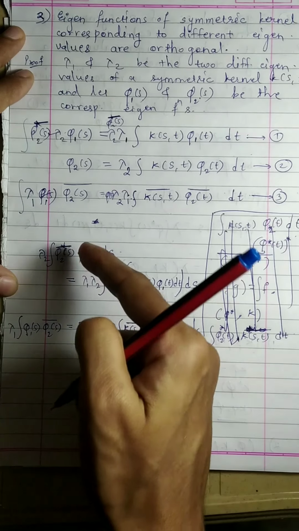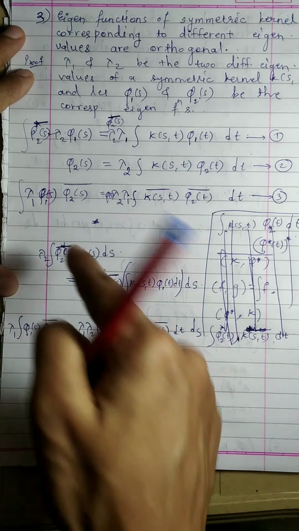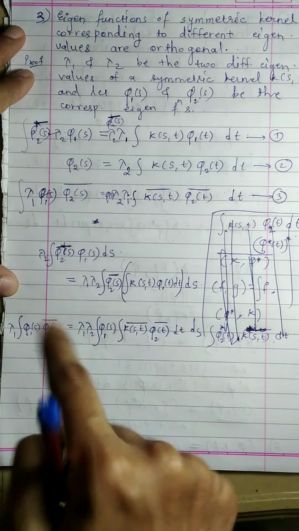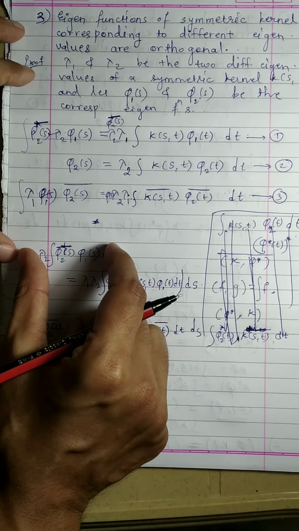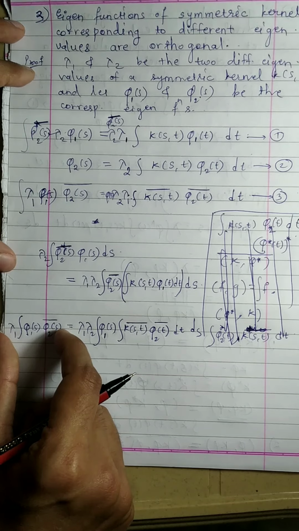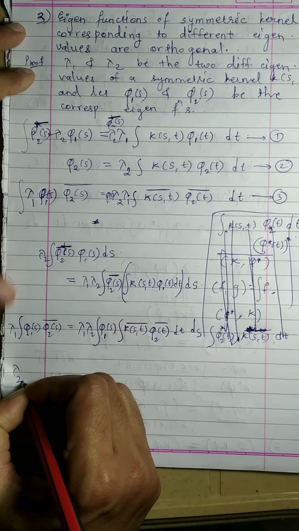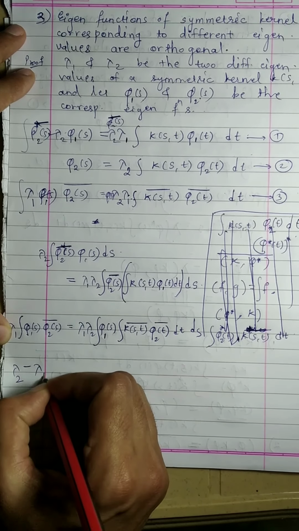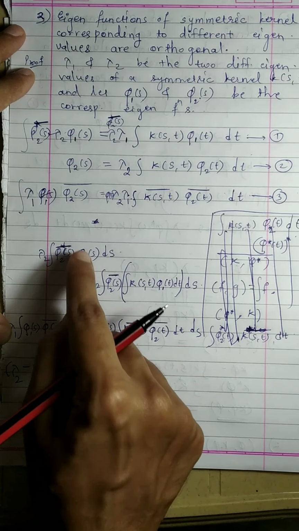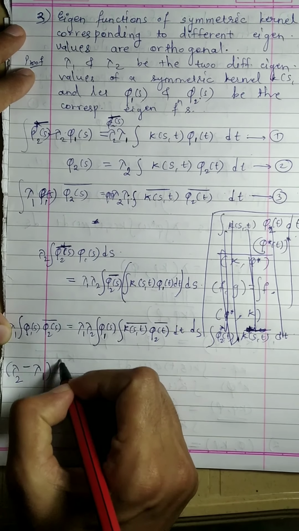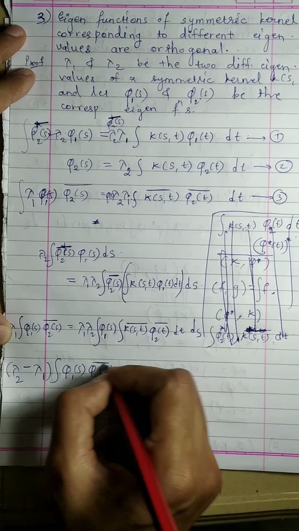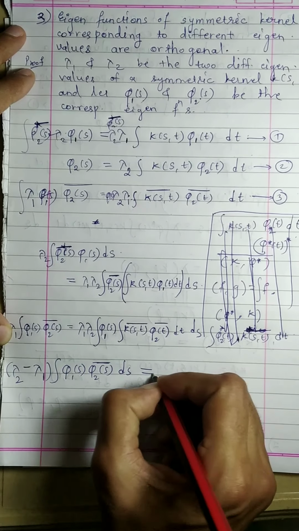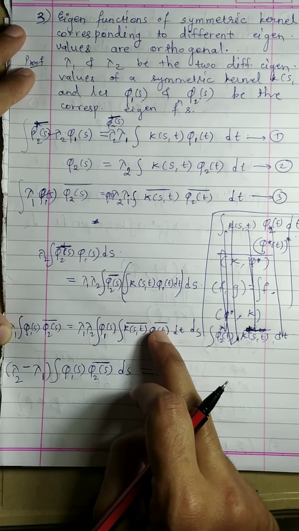Now we subtract this equation from this equation, so this minus this equation. On the LHS what we will get? This term minus this term, which will be lambda 2 minus lambda 1, that we can take common because this is same, into integral phi 1 of s phi 2 of s bar ds is equal to, on the RHS what we will get?